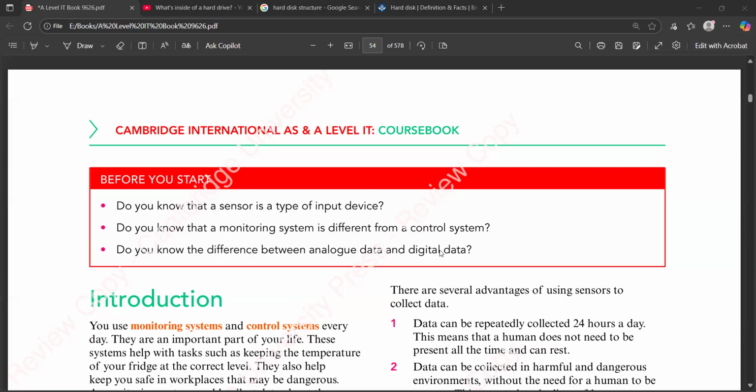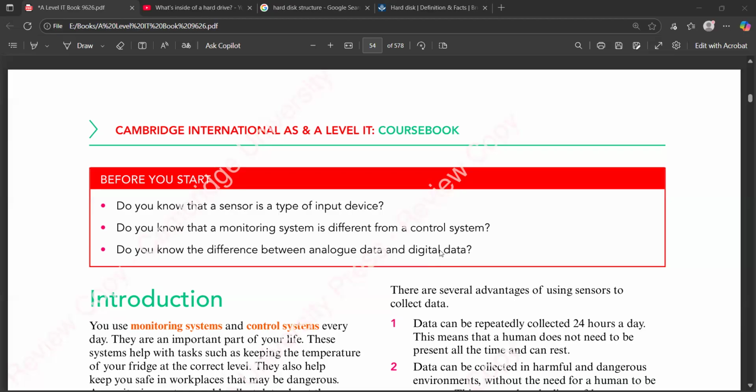Controlling is the process where you use the data to take corrective action, proceed towards a goal, or complete an action. You are not taking the action when you are monitoring.